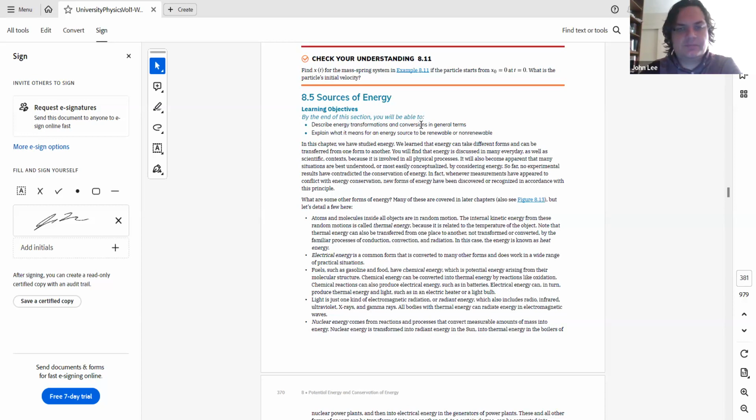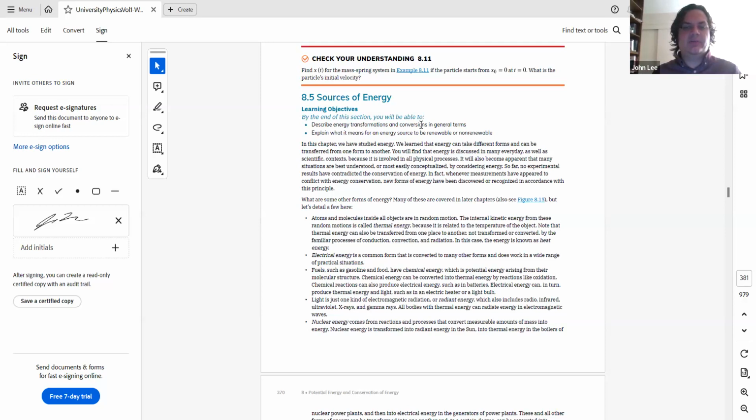Fuels such as gasoline have chemical energy, which is potential energy arising from the molecular structure, which is then broken down and released into mechanical energy or any other type of energy. And then light is electromagnetic radiation or radiant energy that includes radio, infrared, ultraviolet, X-rays, and gamma rays.